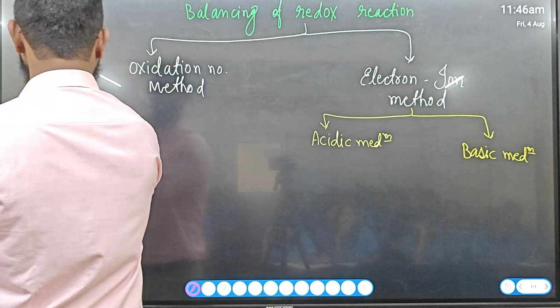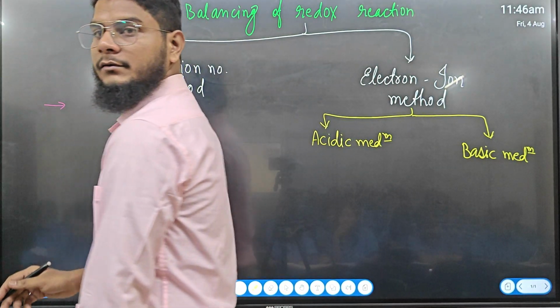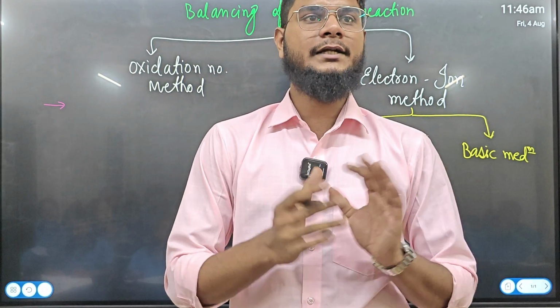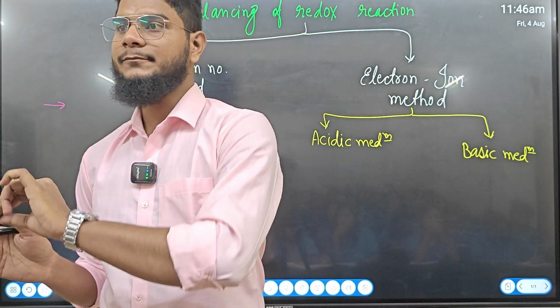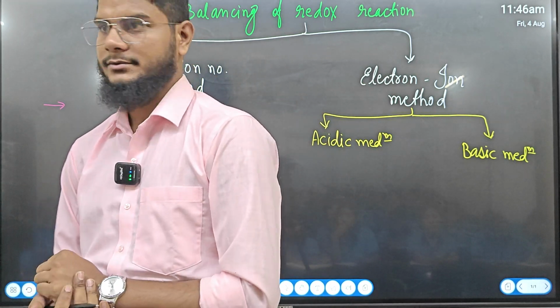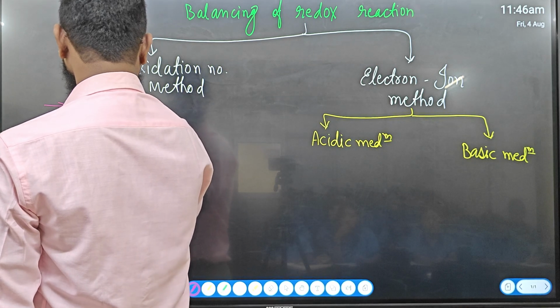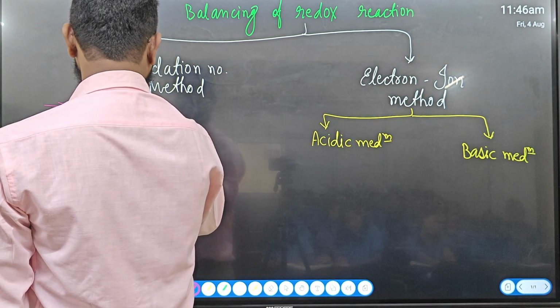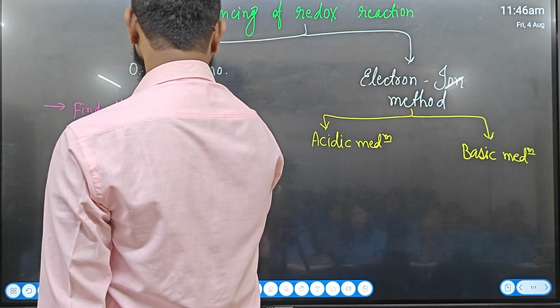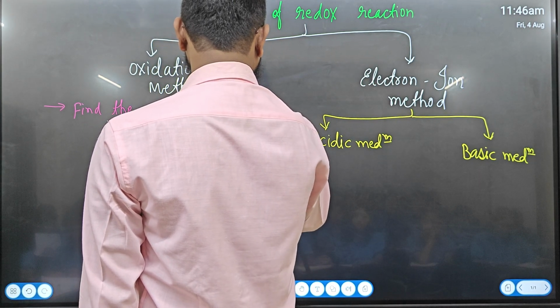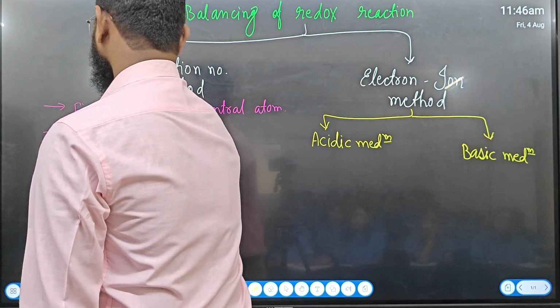So the first step is, first of all, you have to find the oxidation number of the central atom, or the atom which is oxidized or reduced. Find the oxidation state of the central atom. This is your first step.